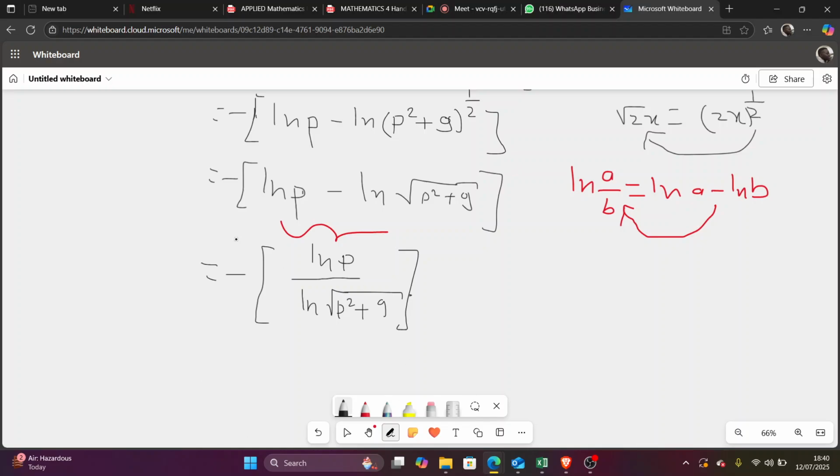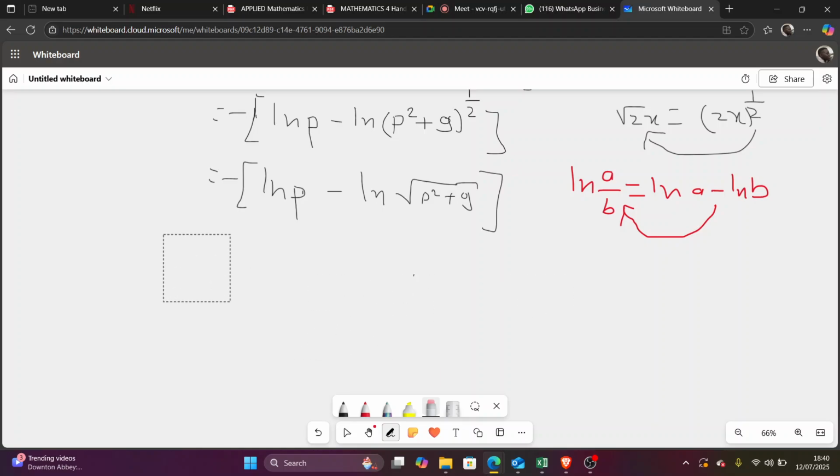No, I see what they did. I know why the ln root is on top. Literally, what happened here, guys, is they just first introduced minus inside. If you introduce minus inside, this one would be positive ln root of p square plus 9, minus ln p.